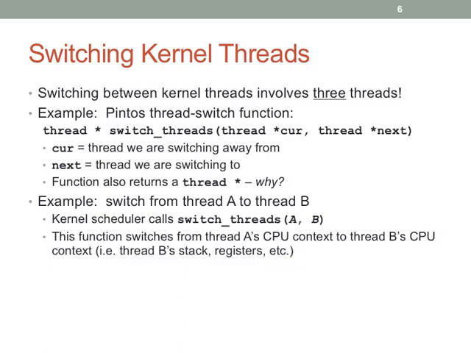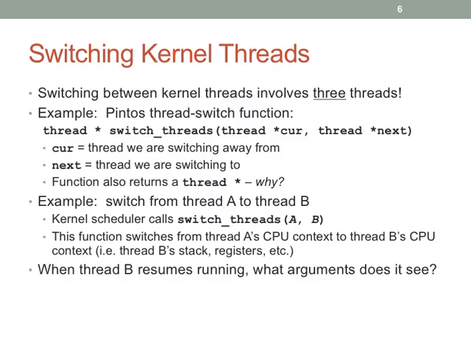So it says this function switches from thread A CPU context to thread B CPU context. So that means now we have thread B's stack, we have thread B's registers, we have all of those details from thread B. So the question is, thread B starts running, what arguments does it see on switch threads? Does it still see A and B? That's the issue.